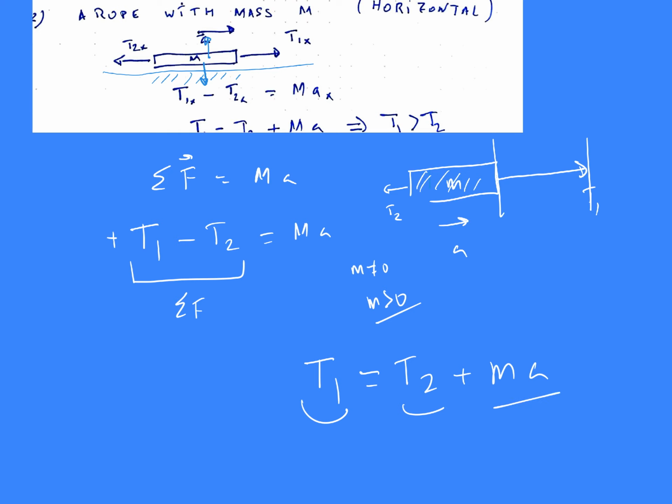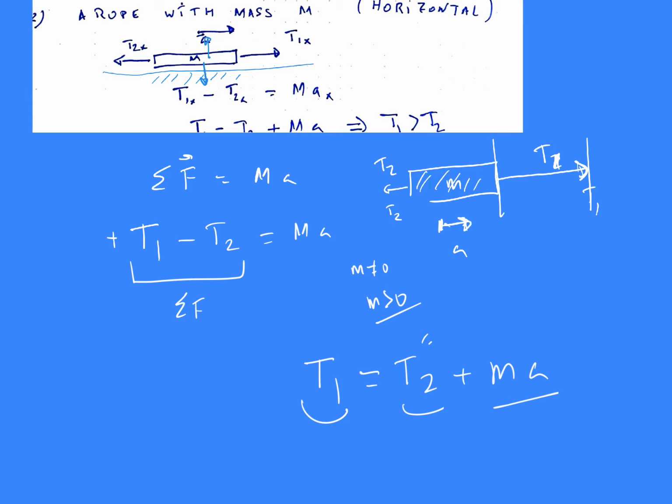So the tension to the right is equal to the tension going to the left, T2, plus MA. So T1 is bigger than T2.